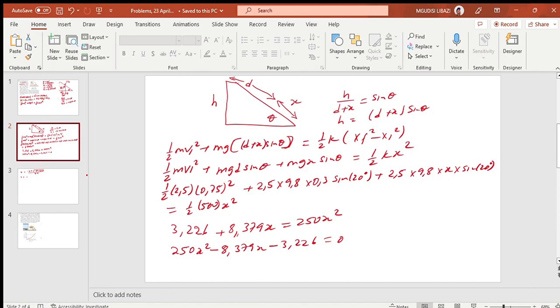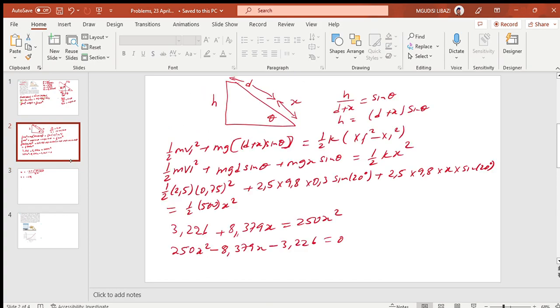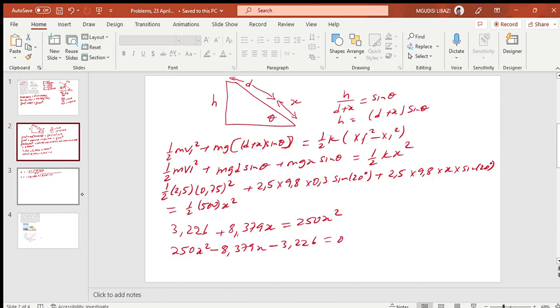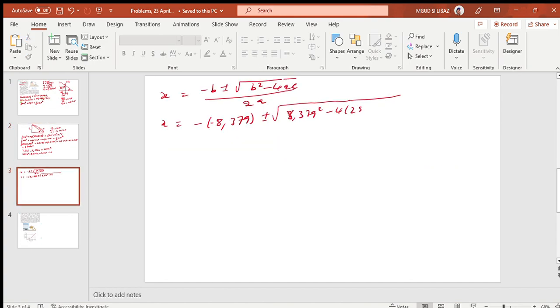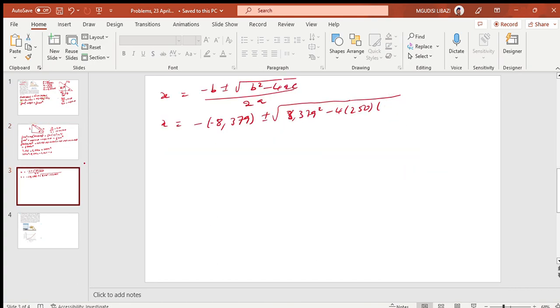Our b is the coefficient of x, so it's negative 8.379, so negative b is 8.379, plus or minus the square root of 8.379 squared minus 4 into a, where a is actually 250, multiplied by c, which is negative 3.226.